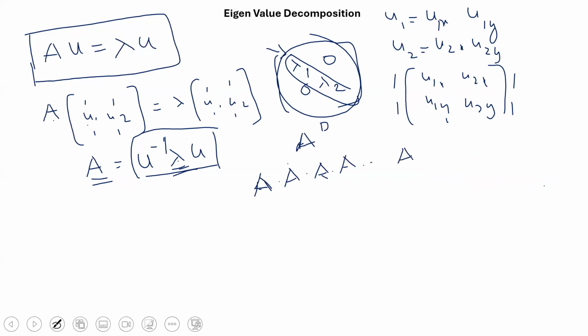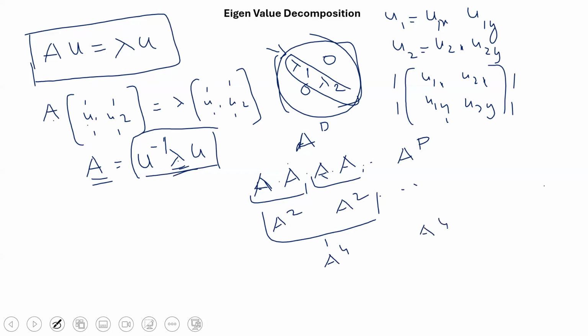You multiply two matrices to get A square, then multiply two of those to get A to the power of 4, and you keep doing this to get A to the power of p. That is how you have to multiply the matrix A to the power of p.